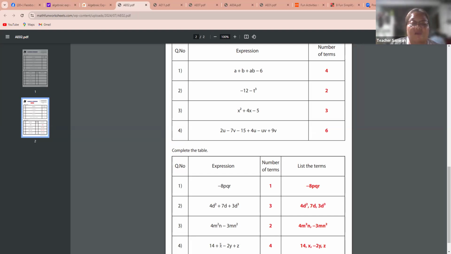But most commonly we see addition and subtraction, which we call the negative and the positive sign. Very good, Mark. Thank you for sharing.